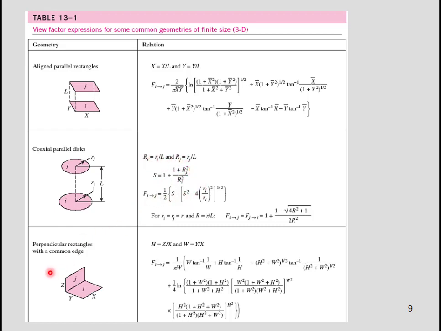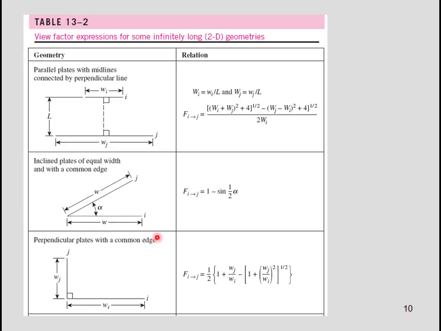And also for two perpendicular rectangles with a common edge, like this configuration, whose sizes are x, y, z, we can use this equation to find the view factor from surface i to j.